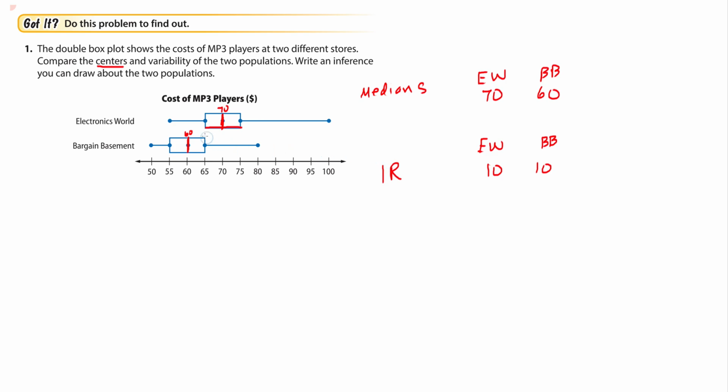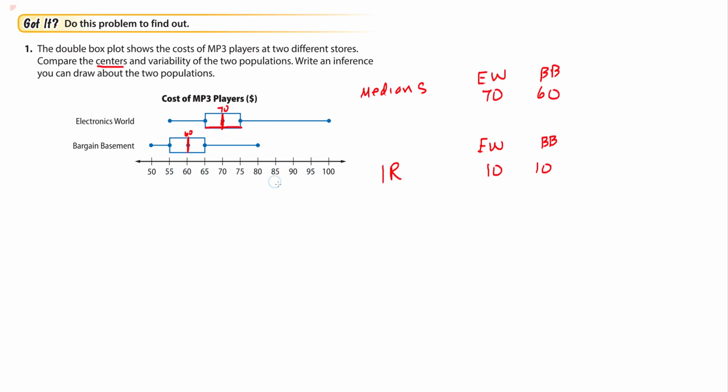So what that means is the prices of MP3 players around the median are spread out the same. So the variability of the prices is pretty much the same, but we can tell that the median MP3 player at Electronics World is more expensive. It should be also just visually, this graph is shifted to the right.